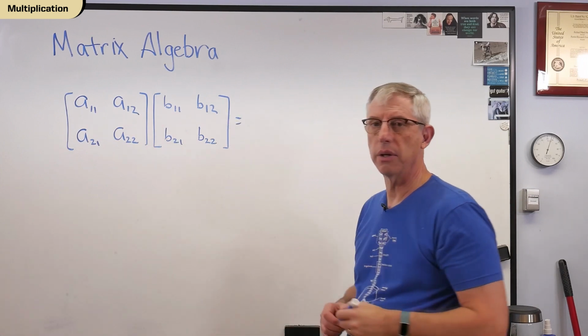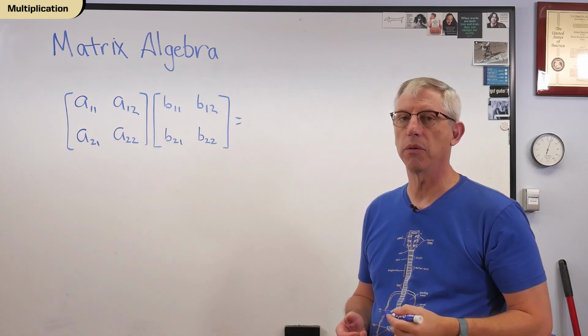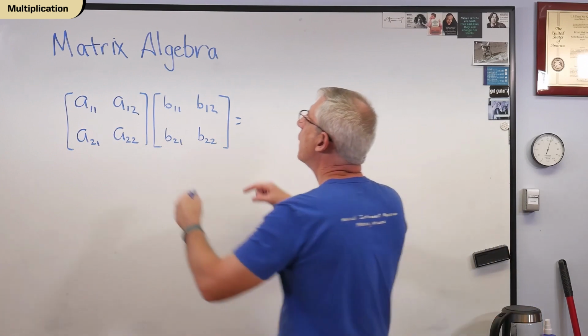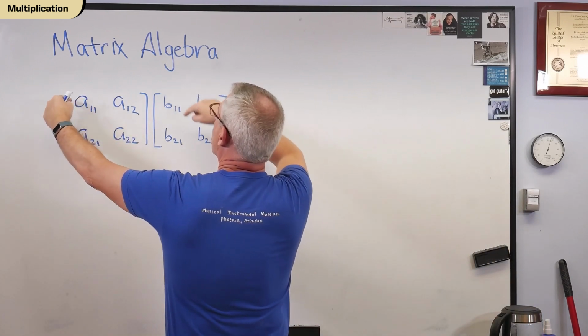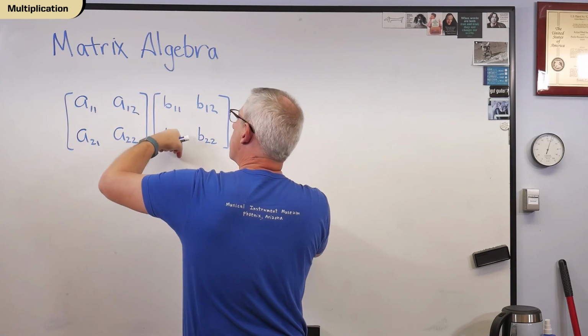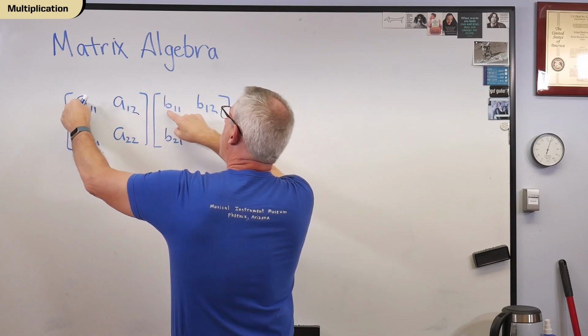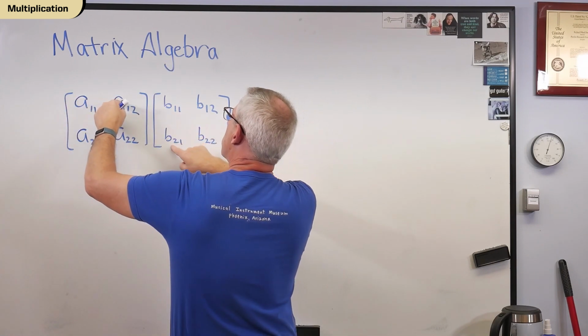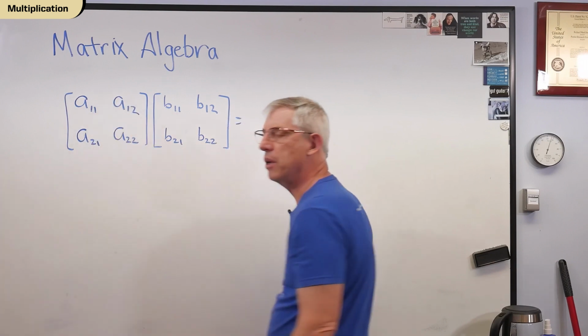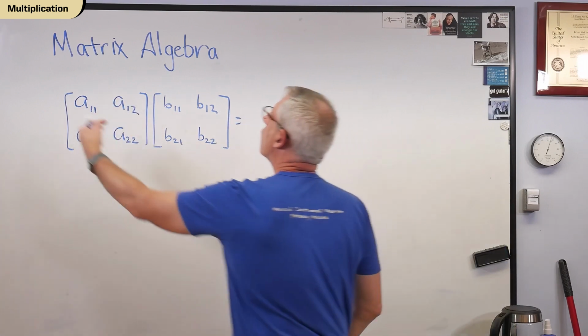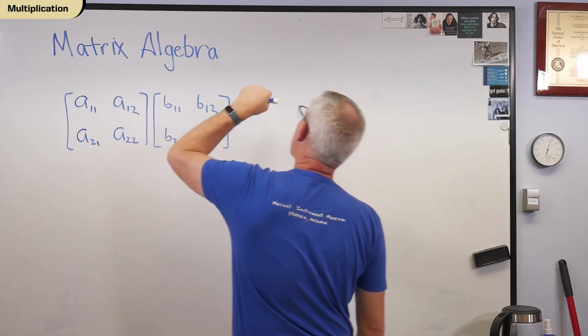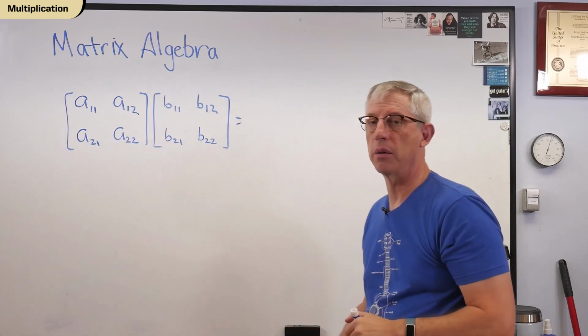So what's this going to look like? Well, it's exactly the same as we did before, but with kind of an extension. So I'm going to go across the row here, down the first column there. So it'll be A11 times B11 plus A12 times B21. Where does it go? Well, first row, first column will go in the first row, first column over here.